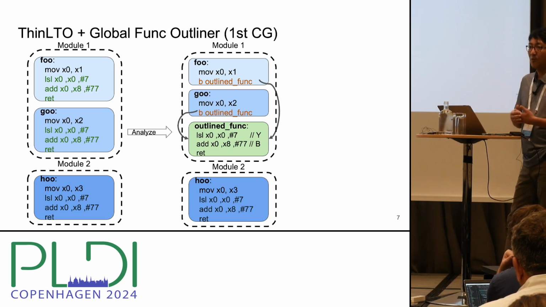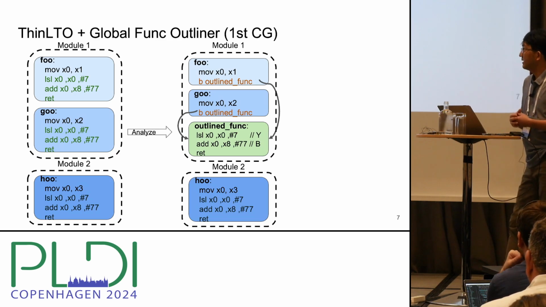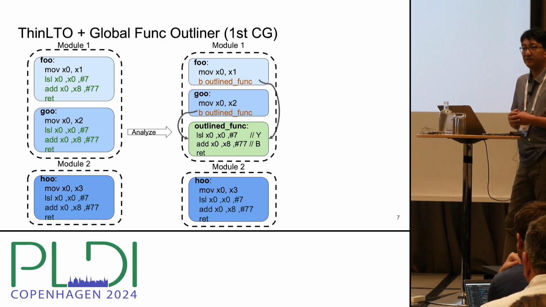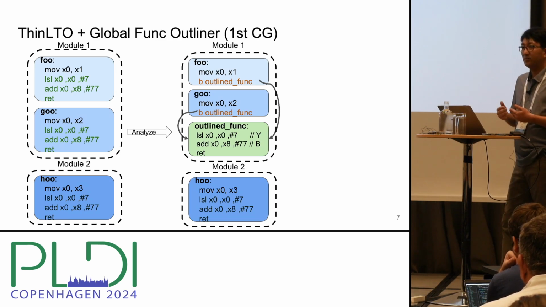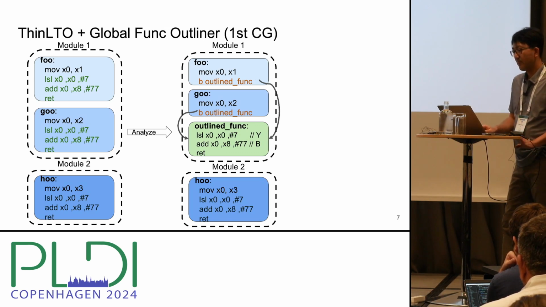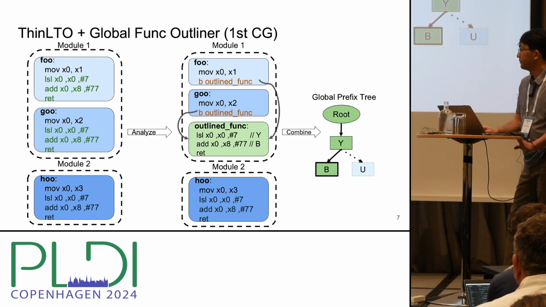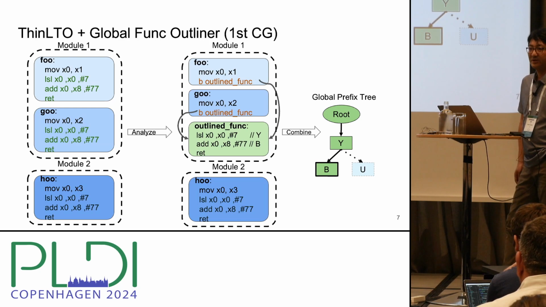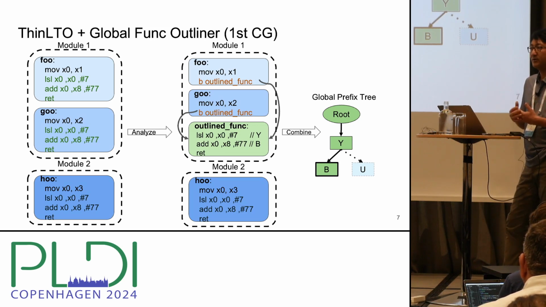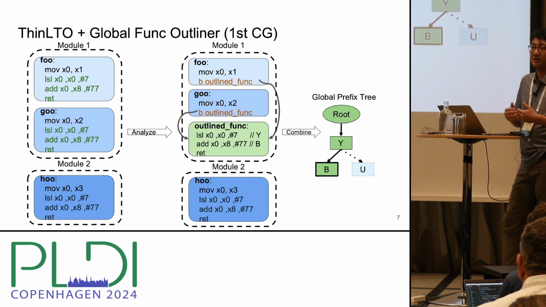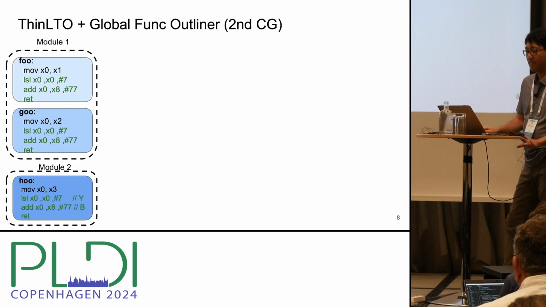Once we have the outline function, we compute the stable hash sequences that correspond to the machine instructions in the outline function. Then we can publish them into the global prefix tree. This is merely a compact representation of tracking hash sequences using a traditional trie structure so that we can share the common prefix to save size in summaries.